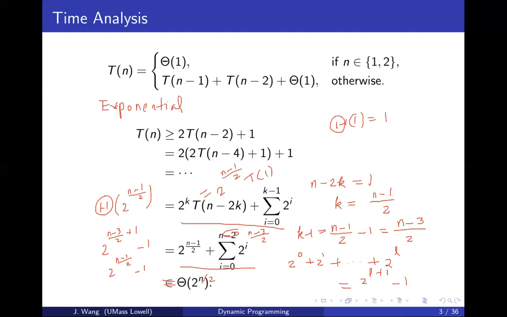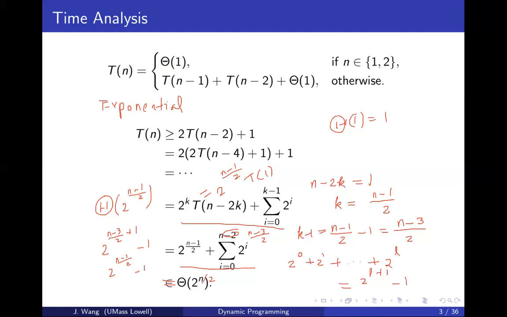So anything exponential is very inefficient because when n is not big, it will go exponentially bigger. So for instance, let's say 2 to the n over 2.